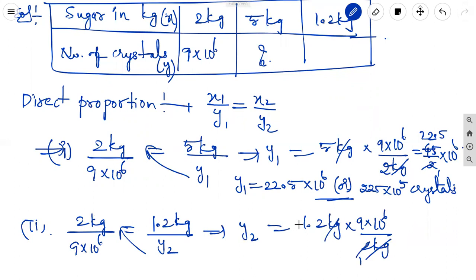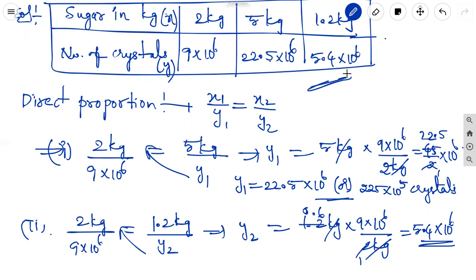Kgs cancel, 2 ones are 2, 0.6. 9 6s are 54. That is 5.4 into 10 power 6 crystals. Here we can write it as 22.5 into 10 power 6, and for 1.2, 5.4 into 10 power 6 crystals is the answer. These two are the number of crystals.